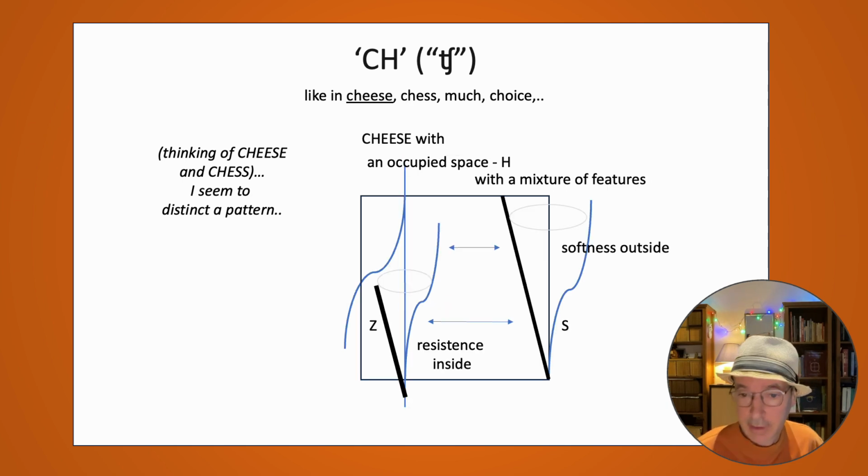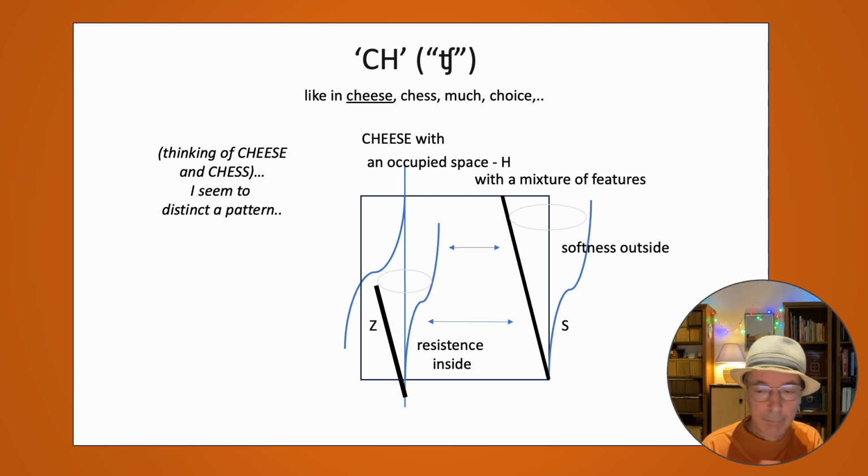And when I investigate cheese, I know that there is an occupied space somewhere which will have a mixture of features and also evolving features. There will be some resistance inside in its material and some softness as well. So it is this kind of balance between these two things that you have. So the inside sense, the outside sense, it is about this sensing.